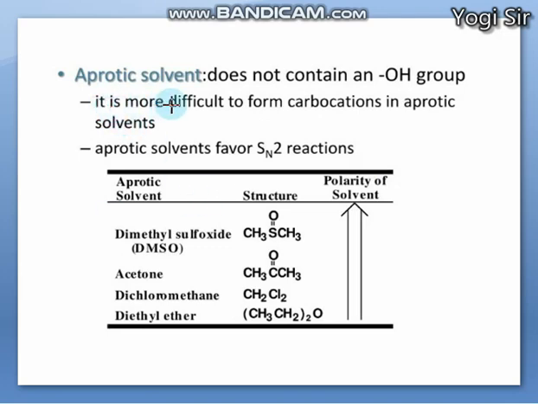It is difficult to produce carbocation in aprotic solvents, so as cations are not produced in these solvents, the reaction would be the SN2 mechanism. Opposite to that, if you are using protic solvents, then the reaction would be the SN1 mechanism.